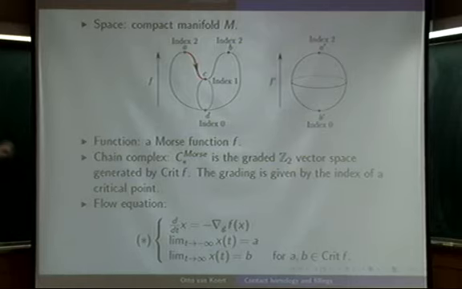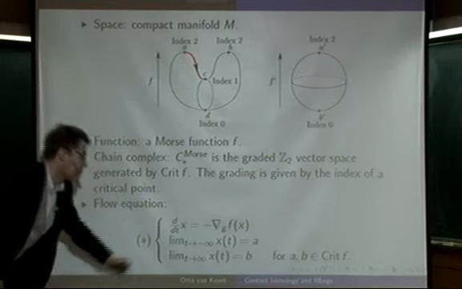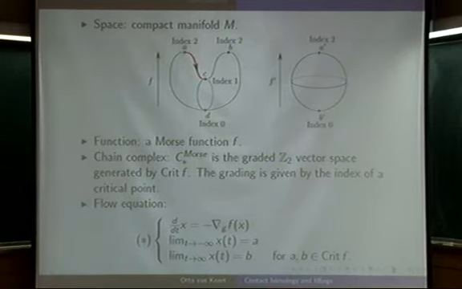Since it's the gradient, you always go down. If you follow the gradient line to minus infinity or to infinity, you always have to end up at a critical point, and so these are the boundary conditions. So we're looking at an ordinary differential equation where if you follow back to minus infinity, we get some critical point A, and to plus infinity, we get some critical point B.